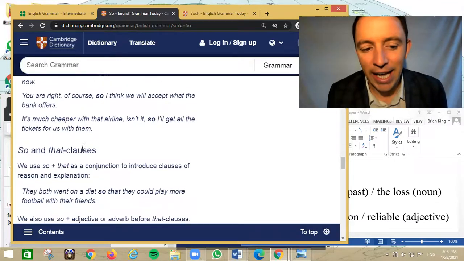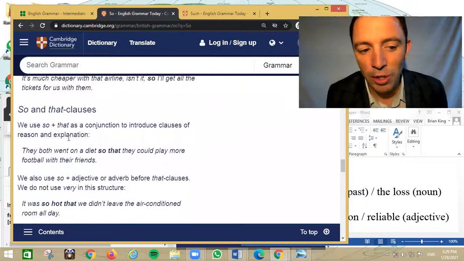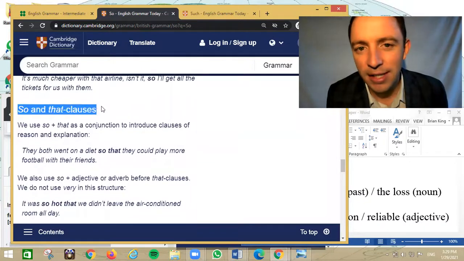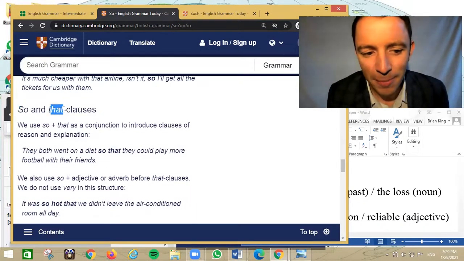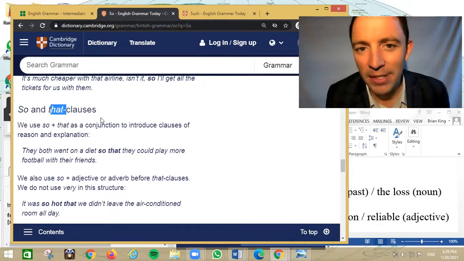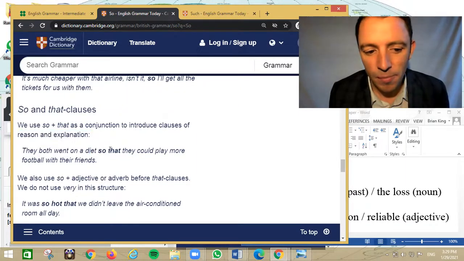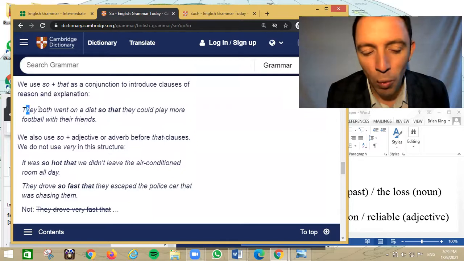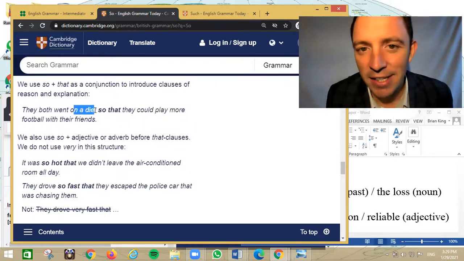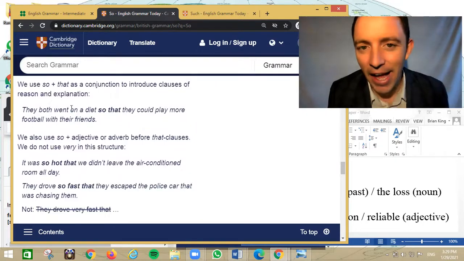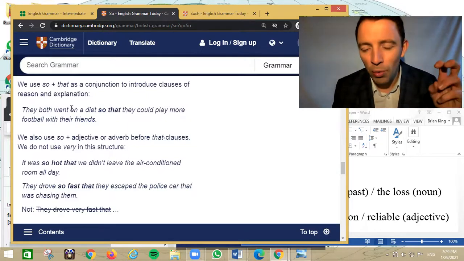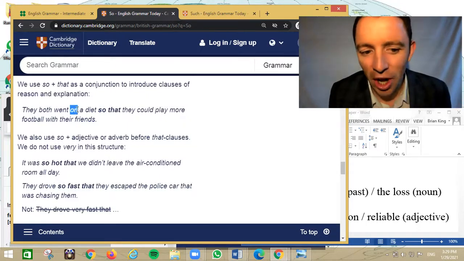Okay, and again, the next part I think we saw in the British Council explanation, "so that" for the clause to represent the consequence. Okay, reason and explanation or consequence. Just a couple examples. They both went on a diet, and the typical preposition for diet is on a diet. I am on a diet, to go on a diet.